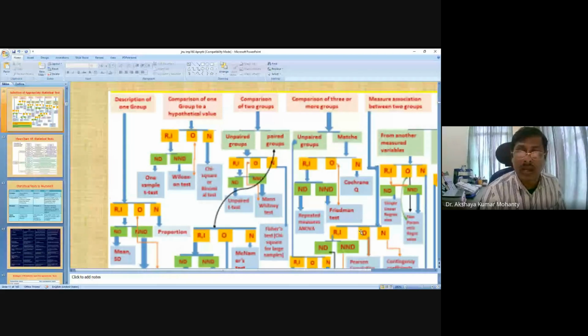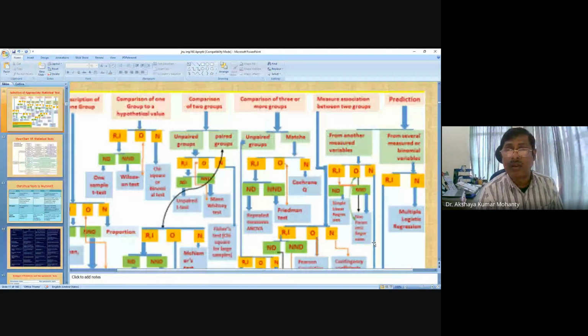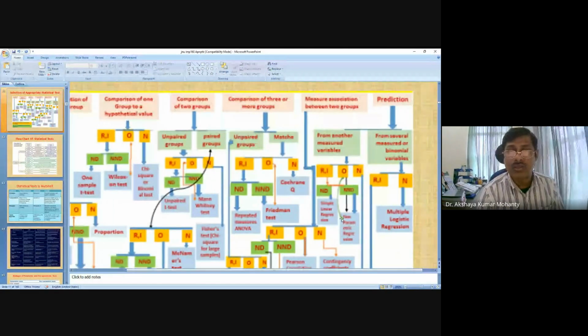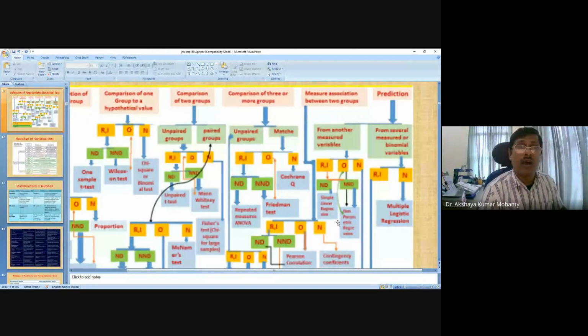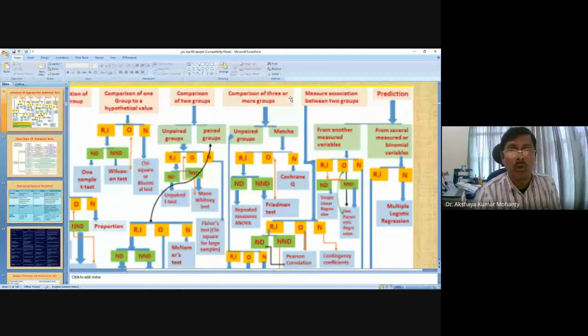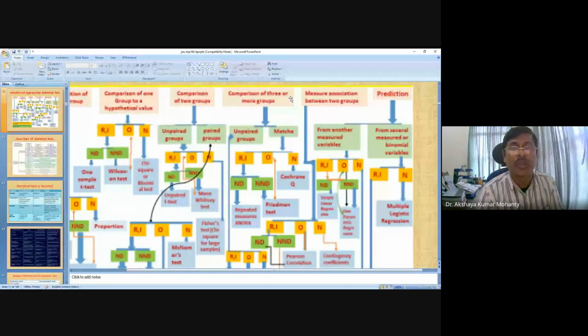Now, another last two parts of this slide: the measures of association. Up to this we have seen one group, two groups, and at least three groups. Now we will go for the measure of association between two groups.